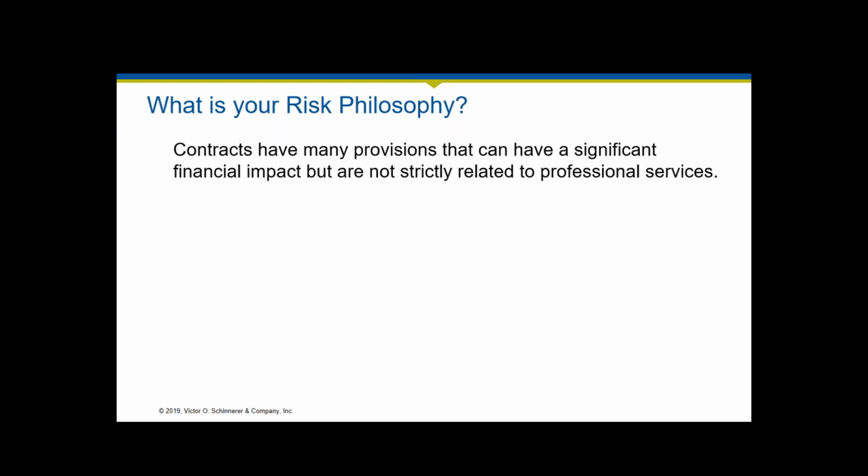The client may well agree to negotiate on some parts and not on others. There may be some business risks that are involved that you need to decide on. So as a firm, you need to decide what is your risk philosophy. What do these provisions that the client isn't necessarily willing to negotiate on mean, and how do I account for that? What am I comfortable with? And this is an effort to educate you along those lines.